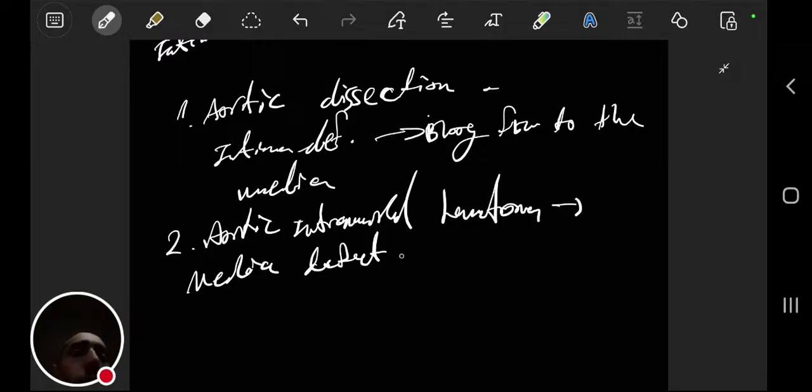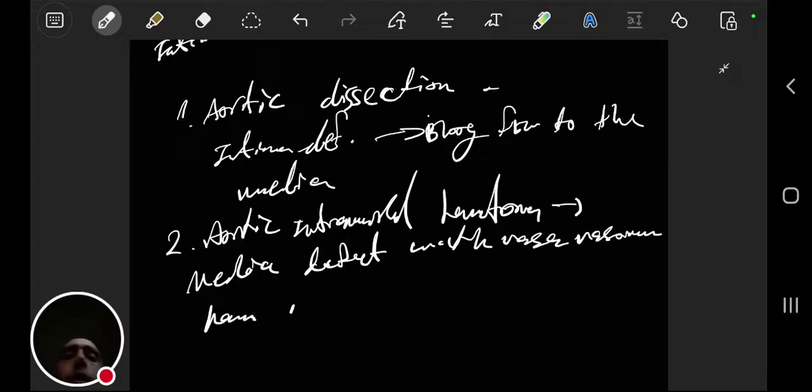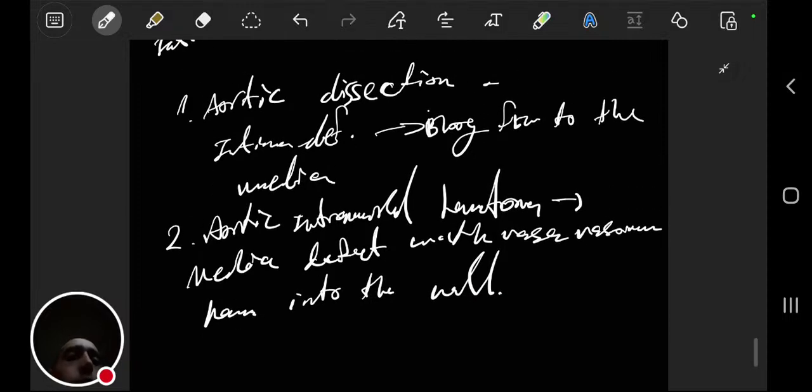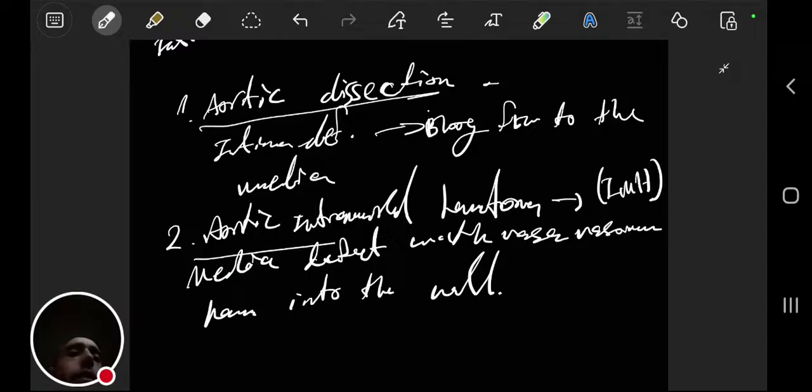So a medial defect with vasa vasorum hemorrhage into the wall. This is aortic intramural hematoma, or intramural hematoma for short. So we talked about aortic dissection and aortic intramural hematoma.